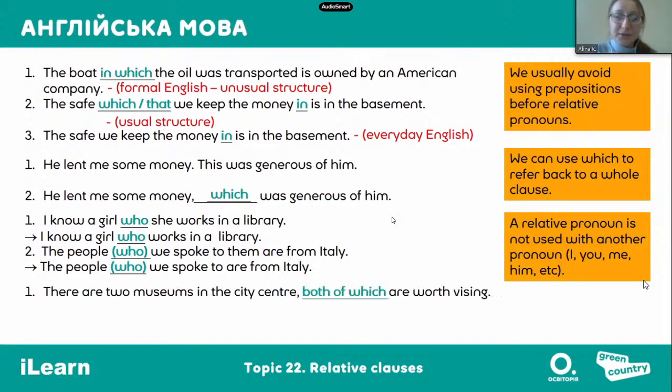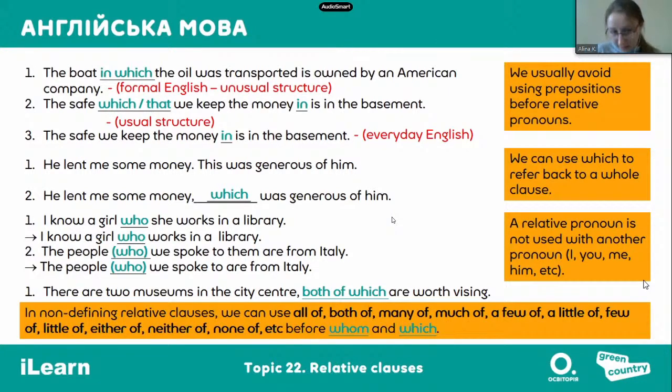And the last example: there are 2 museums in the city center, both of which are worth visiting. What do you think about this sentence? Actually, that's the most difficult structure, I suppose. Both of which are worth visiting. Is it correct or not?